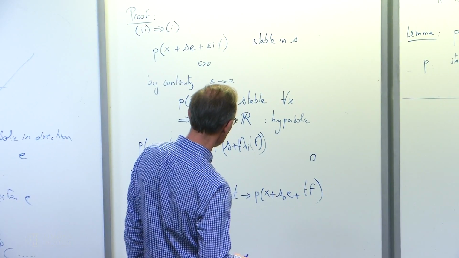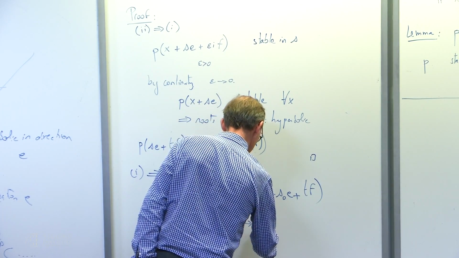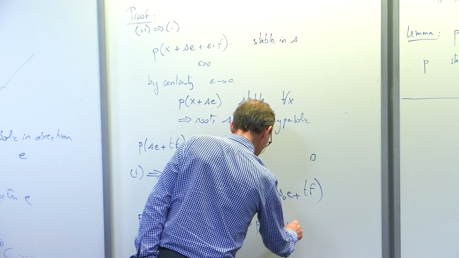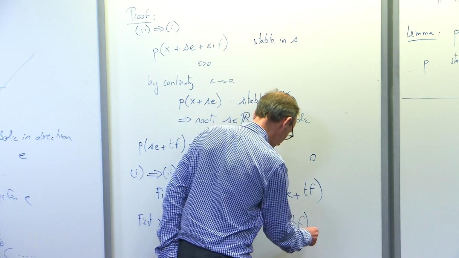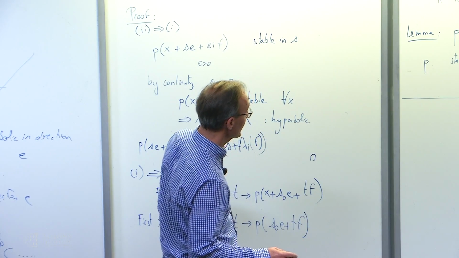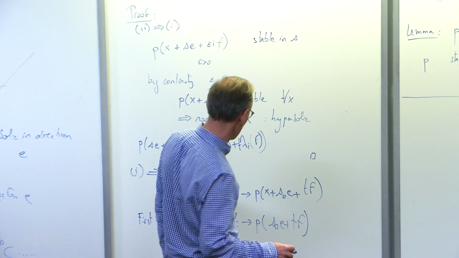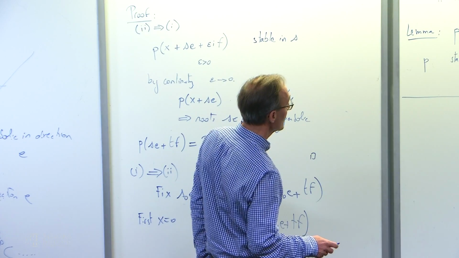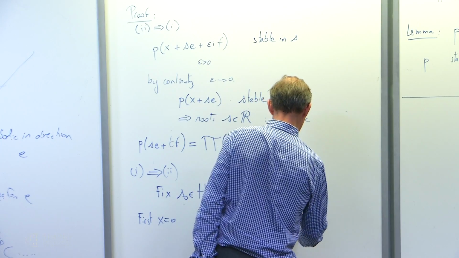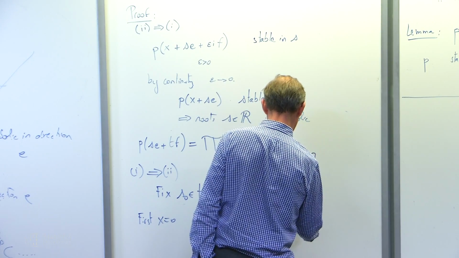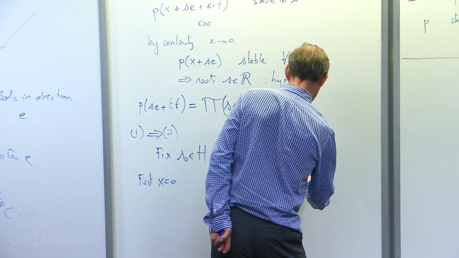When x is equal to 0, I have this polynomial, and I can factor out t.